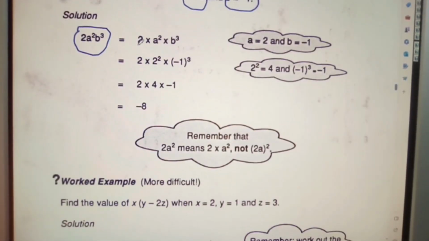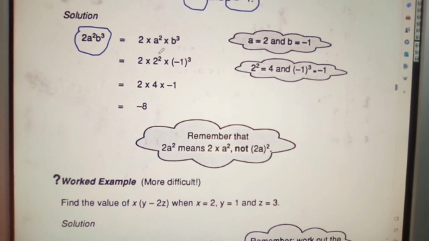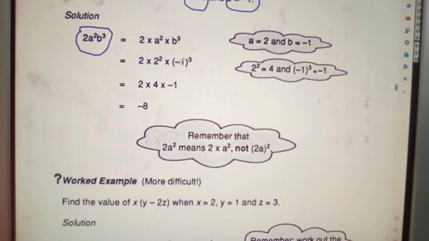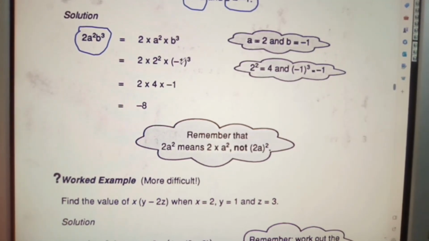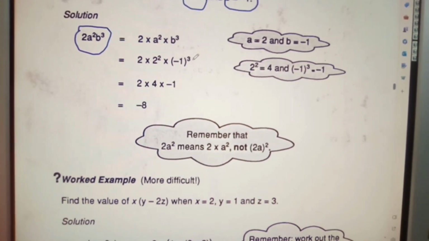Here is our solution now. We know a equals 2, so therefore 2 times 2 squared times, we know b cubed, b equals -1 cubed.